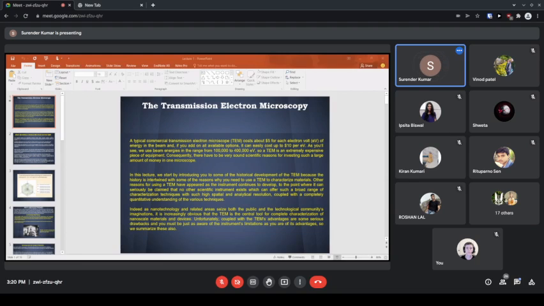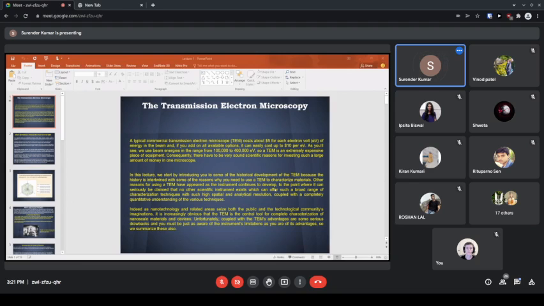So we can study any kind of nanomaterial, whatever it is, powder, any thin film, but thin film is more complicated, we will see. So we can study one-dimensional, two-dimensional, three-dimensional, or zero-dimensional materials also.